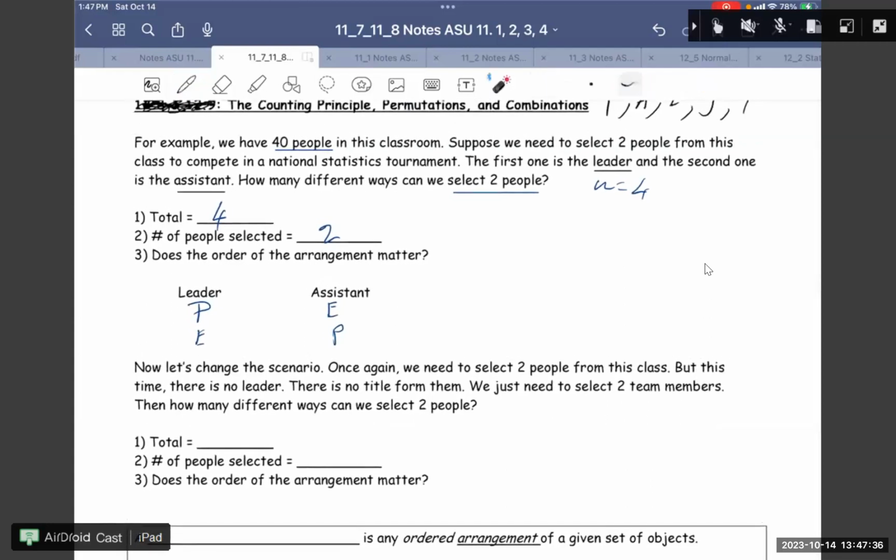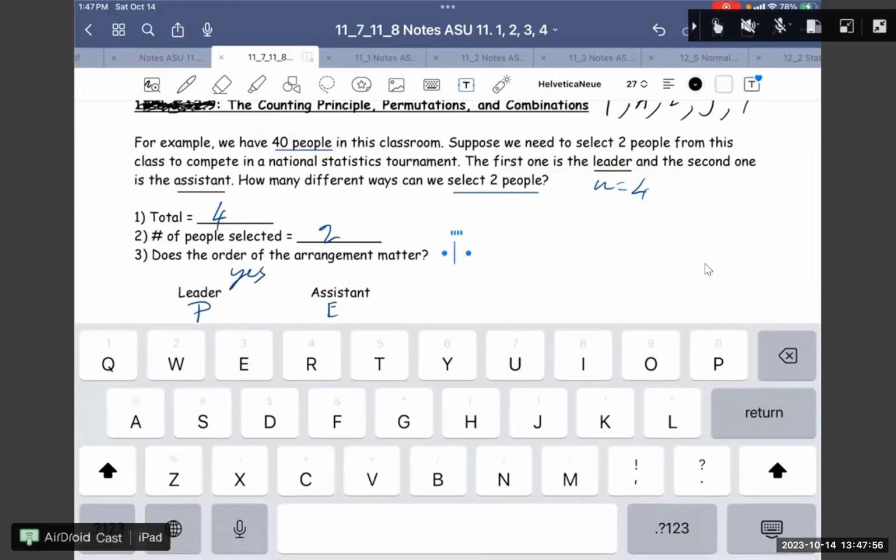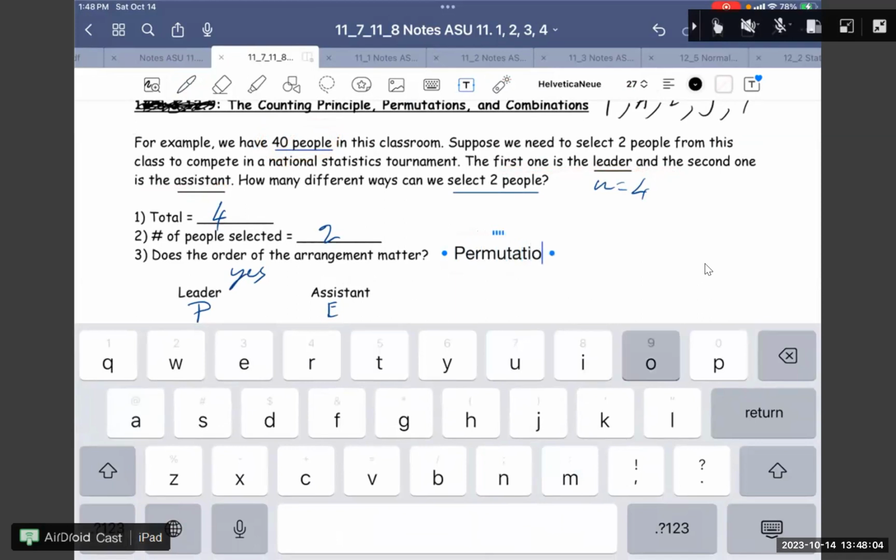Because it does matter, because we need one leader in the 40 and also one assistant. So yes, the order matters, and this is called permutation.